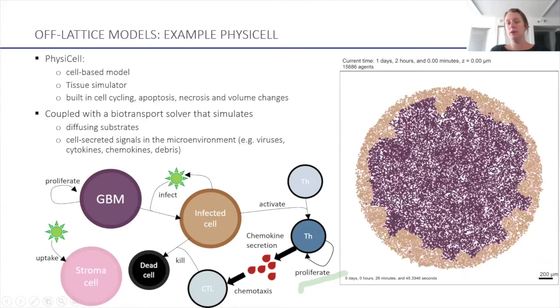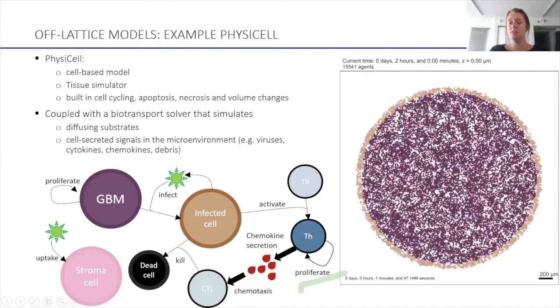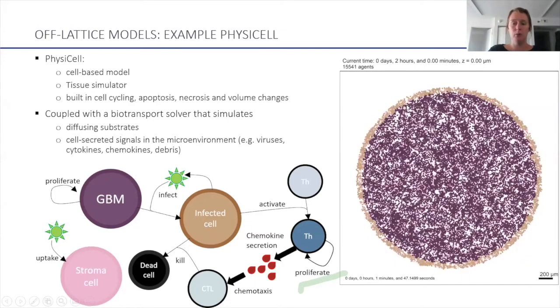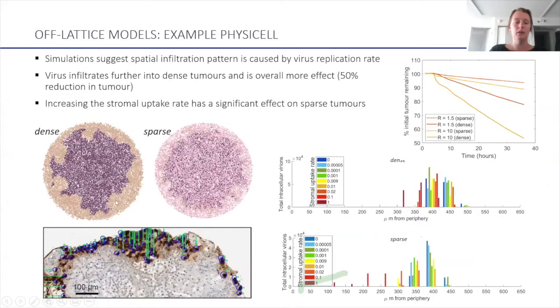You don't actually see the virus per se, but you can see the infected cells in the sample. What was most interesting about this model was that we were able to replicate what they were seeing in their actual tumor slices. So they took those same patient tumor slices and actually tested the virus on them and saw this kind of irregular infiltration pattern. And what we'd started to be able to do was actually replicate that with this Fizzy cell model.